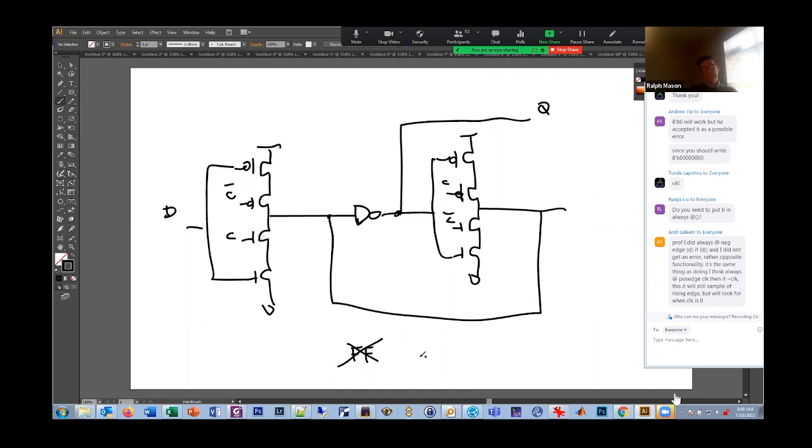Not a flip-flop. A latch. It's a latch, yeah. It's a static D latch. So how does it work?